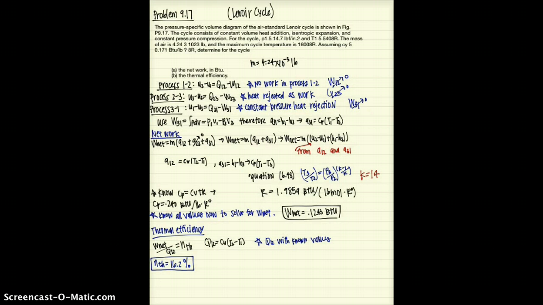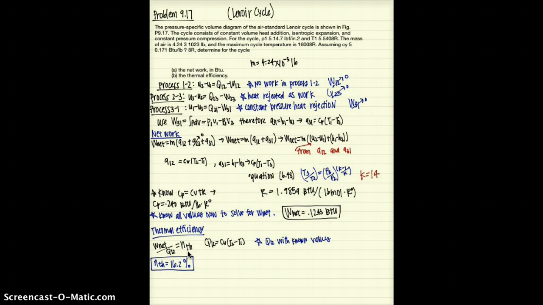We can reduce this equation further to where work net is equal to the mass times U2 minus U1 plus H1 minus H3, from the above equations of Q 1 to 2 and Q 3 to 1. With Q 1 to 2 equal to U2 minus U1, we can also set that equal to Cv times T2 minus T1, and by setting Q 3 to 1, which is H1 minus H3, equal to Cp times T1 minus T3.